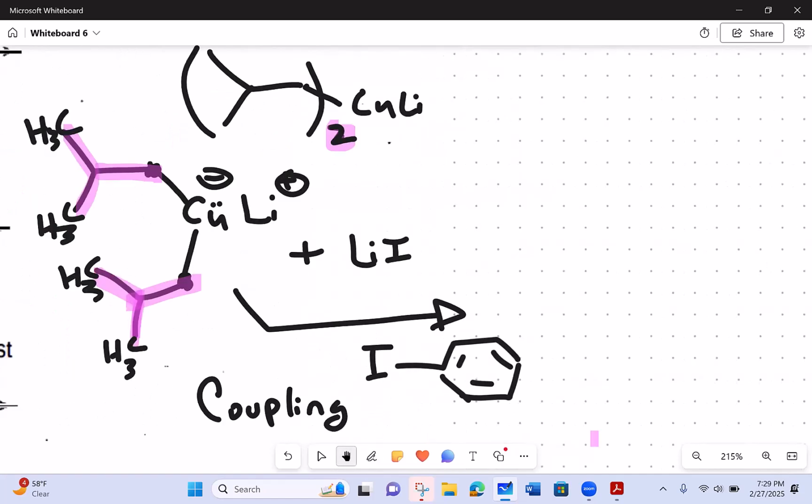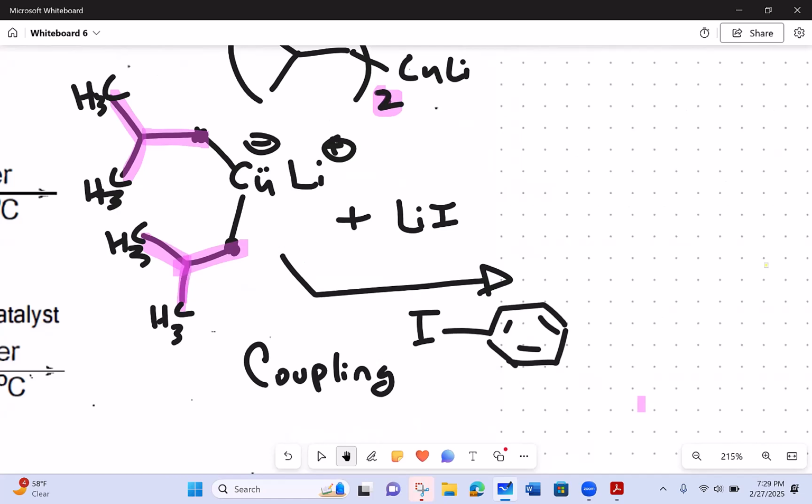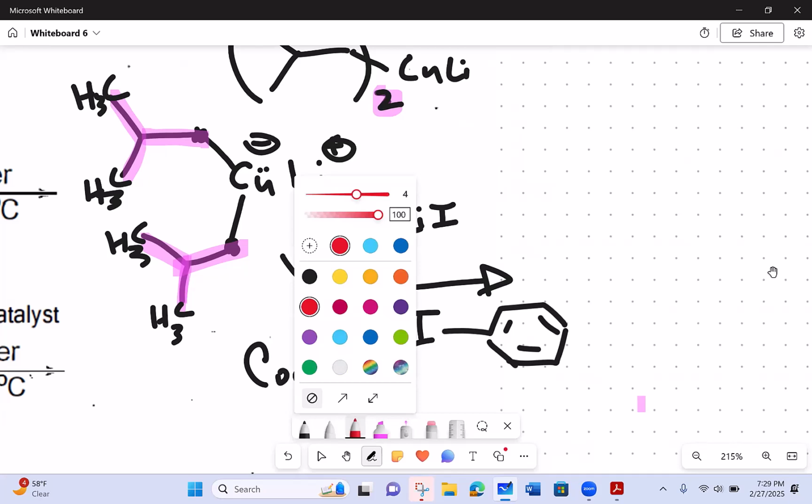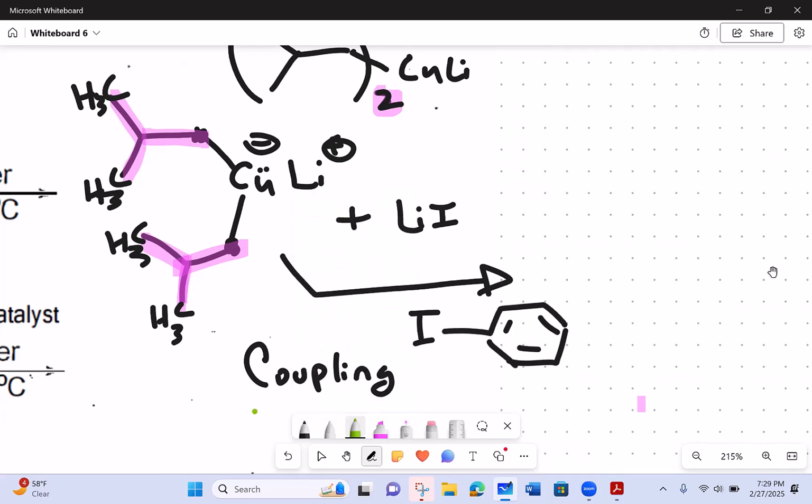You would take that, but do we connect it to the copper or the lithium? Neither. Let's think about it. So the copper doesn't go to iodine, and the other group doesn't go to lithium? Mm-mm. Let's think about what we're about to do.